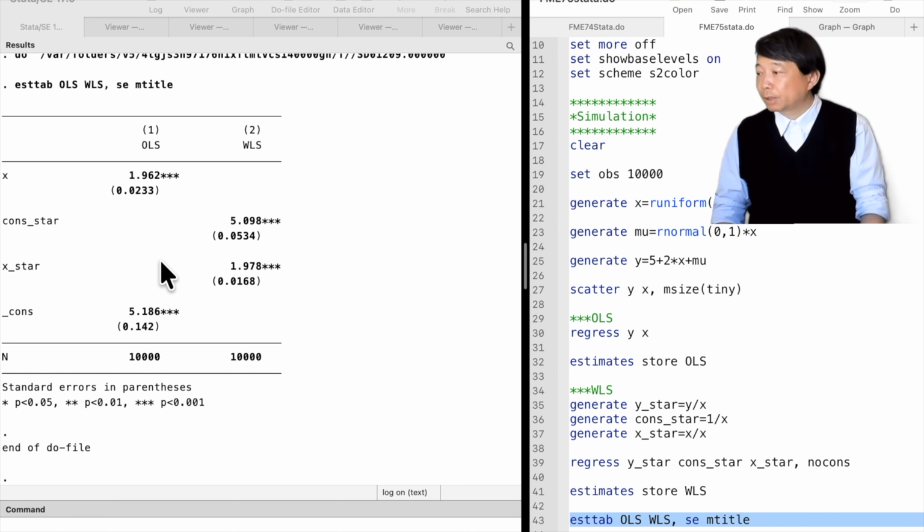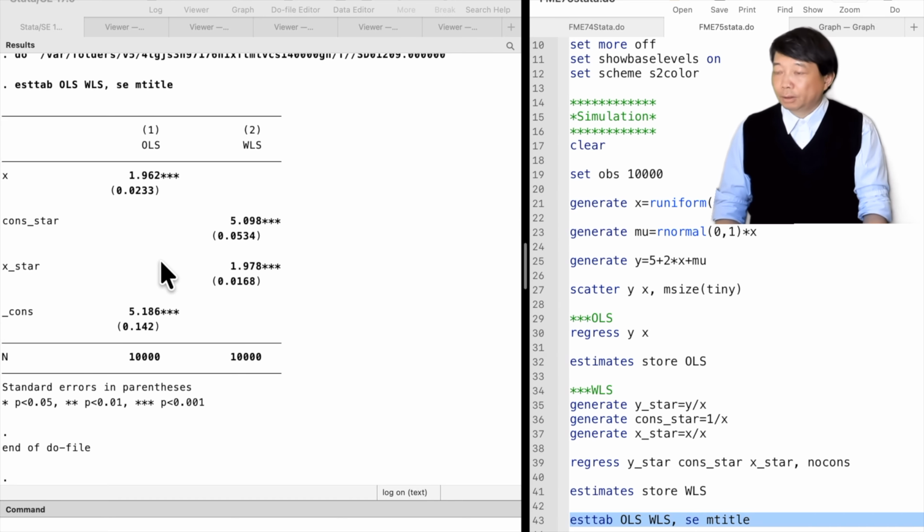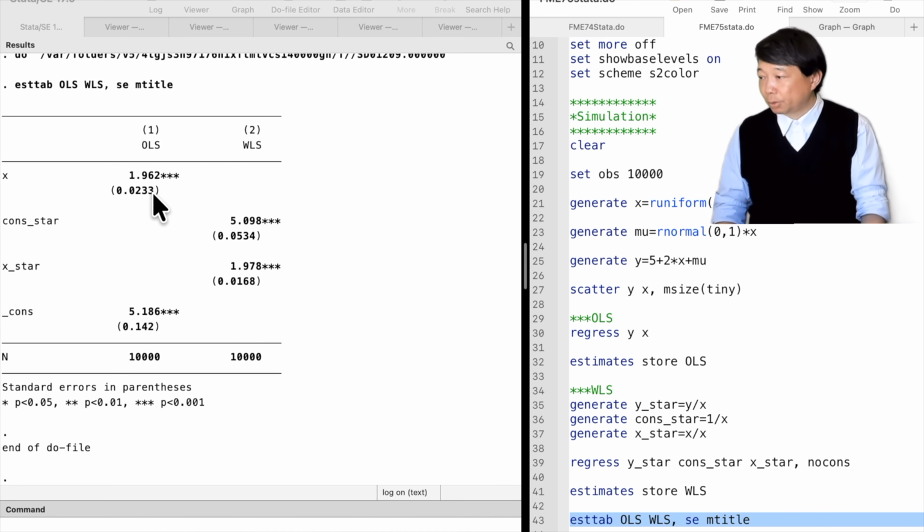They are both consistent estimates. However, the WLS estimates have smaller variances or standard errors than the OLS estimates. For example, the standard error for the slope estimate is 0.017 in the weighted least squares estimation, but 0.024 in the ordinary least squares estimation.